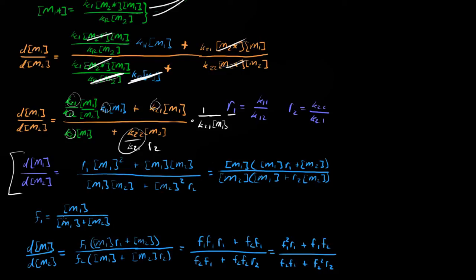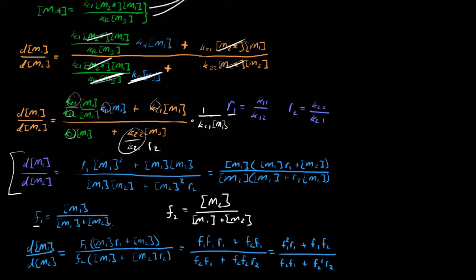Now, the next big thing is if we say little f1 is equal to monomer 1 over monomer 1 plus monomer 2, and then f2 is equal to monomer 2 over monomer 1 plus monomer 2, well, what do you notice?